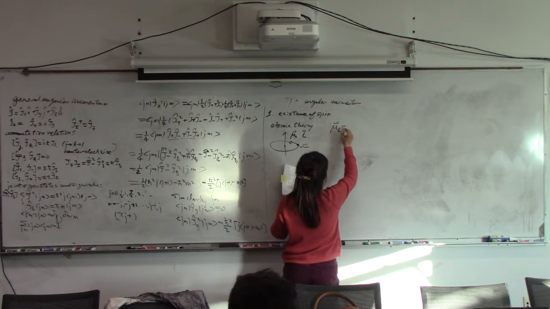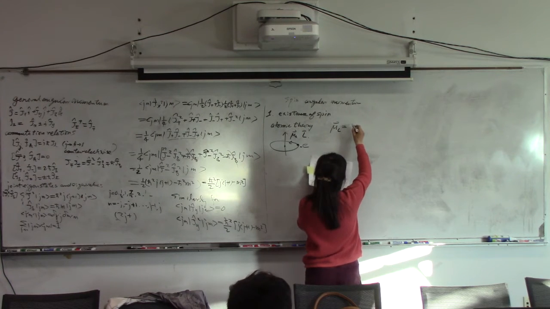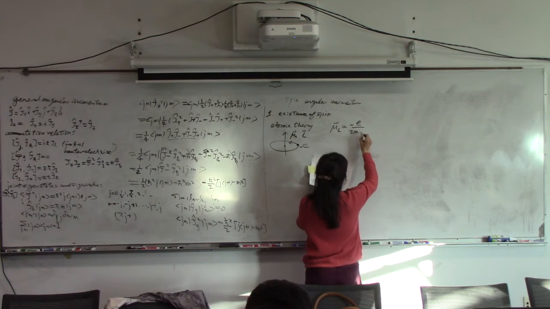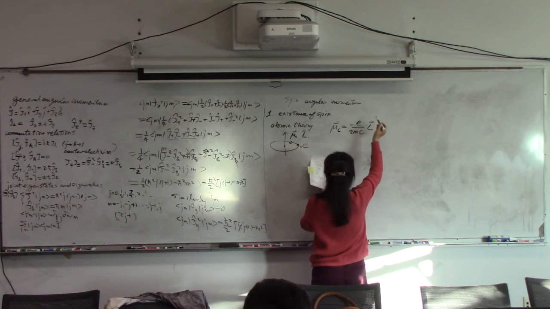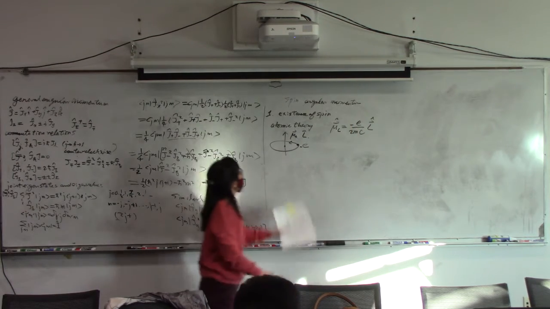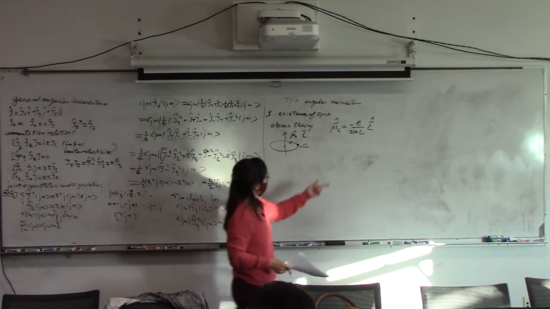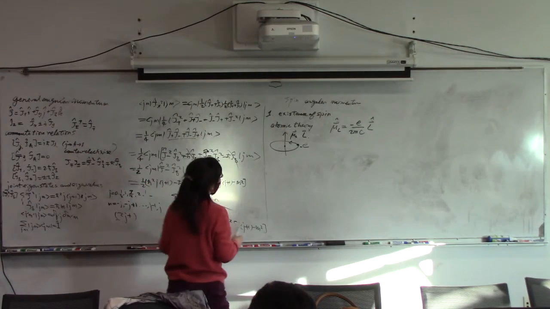So for the magnetic moment, from atomic theory, we know the relation between this orbital angular momentum and this magnetic moment is like this. Let's use this operator, since even in atomic theory we use the idea of general angular momentum.